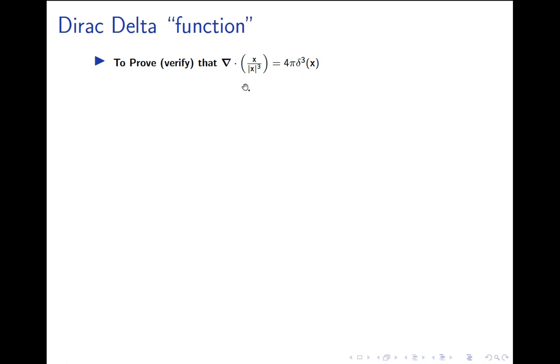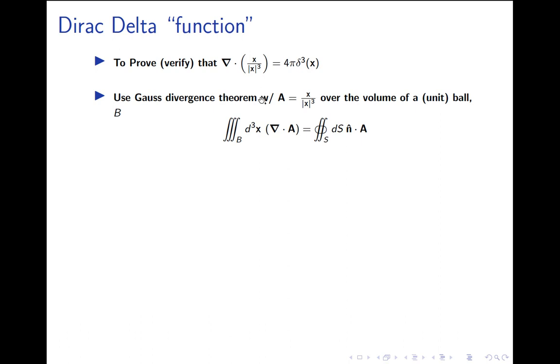Okay. So to prove that this is the case, I will use the Gauss divergence theorem. Gauss divergence theorem tells you that the volume integral of divergence of A over some volume B is equal to the flux integral of A over the surface S which bounds this volume B. For the case of interest, we will take A to be the position vector x divided by the cube of the magnitude of the position vector.